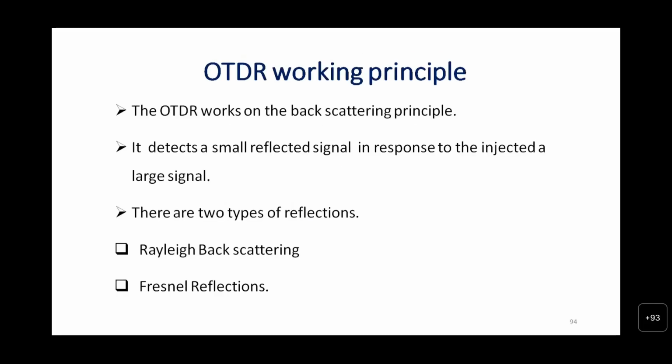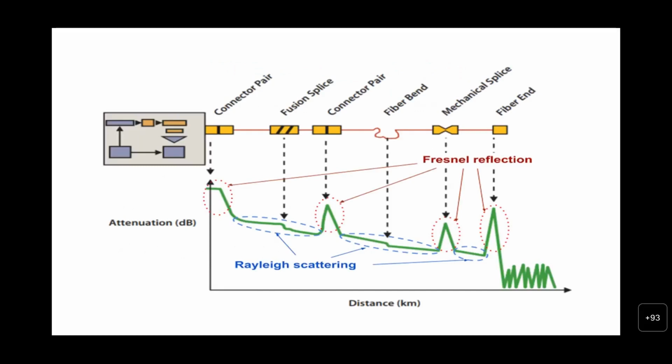The basic principle, almost all of you know, is that it works on the backscattering principle. It detects small reflected signal in response to the injected large signal. There are two different types of reflections: one is Rayleigh backscattering and the other is Fresnel reflections. Here the OFC attenuation has been indicated over the distance.